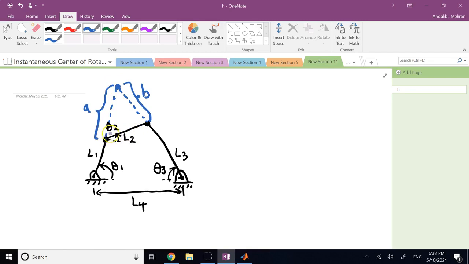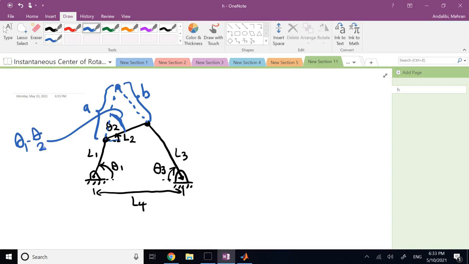And if you look at this angle here, this angle here is not hard to find, right? Because this whole angle here from this horizontal line to the extension of this member is theta 1. This small portion is theta 2. So clearly this angle is what? Theta 1 minus theta 2, correct?